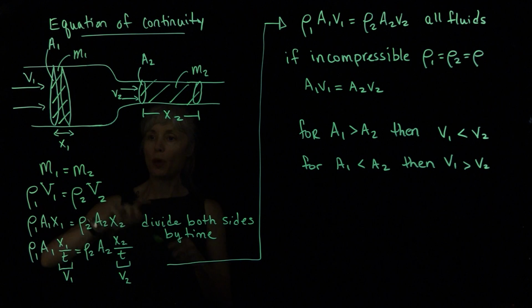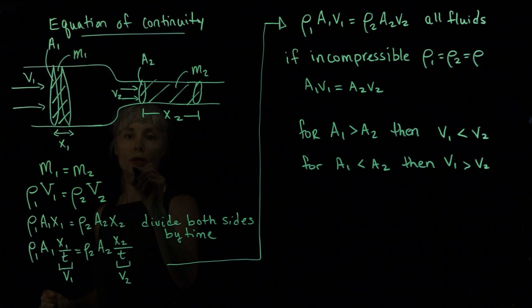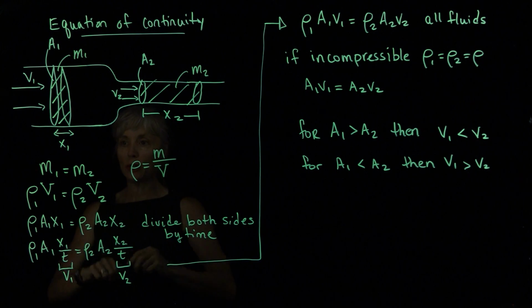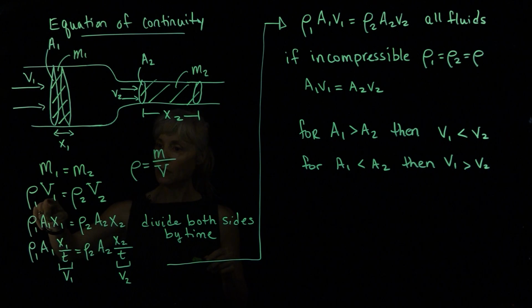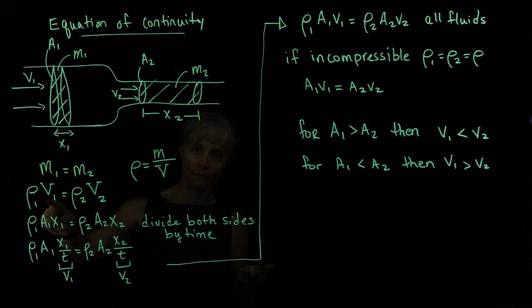I can re-express mass using our equation: density is equal to mass divided by volume. If I rearrange that, I can rewrite mass as density times volume. So M1 can be written as rho1 V1, and M2 can be written as rho2 V2. In addition, I can re-express the volume.